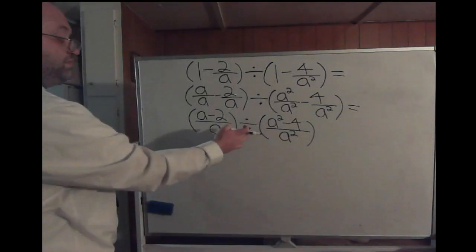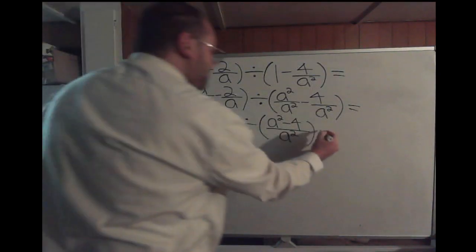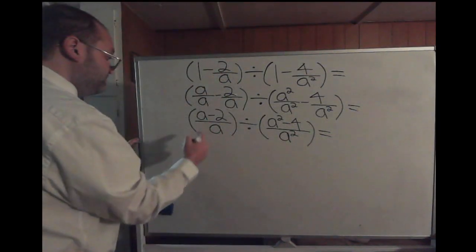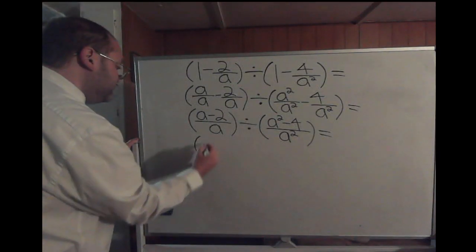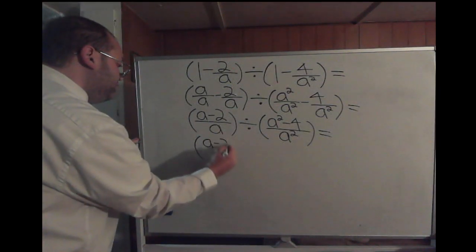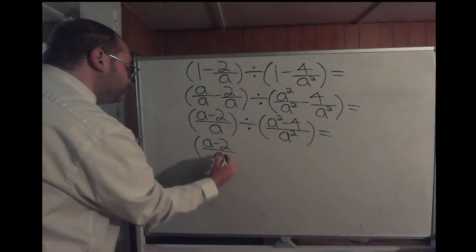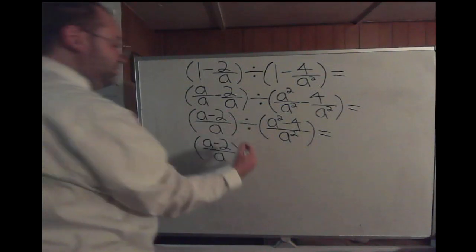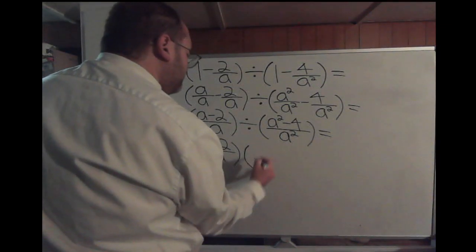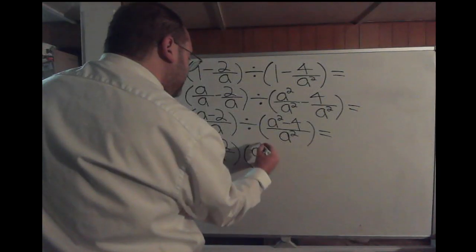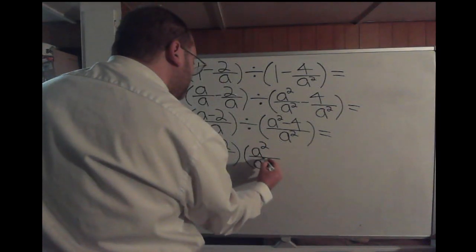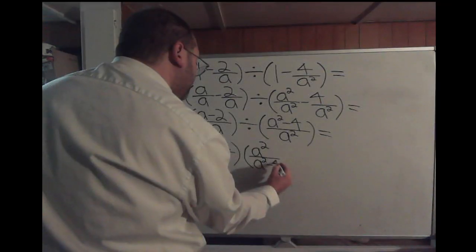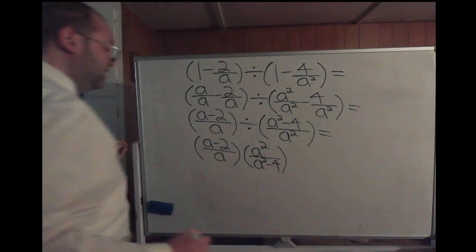Well, since we have division, we can invert and multiply. So your first term, the a minus 2 over a, that's going to stay the same. But your second term, since it's division, you're going to invert and multiply. You would end up having a to the second all over a squared minus 4.